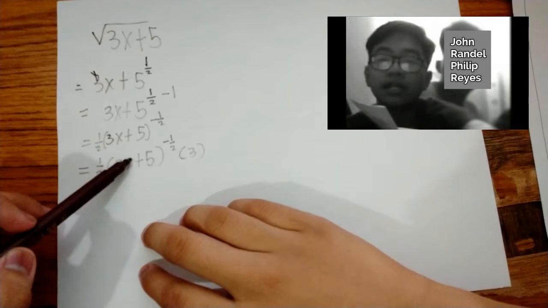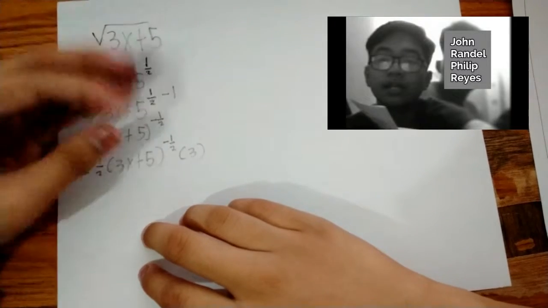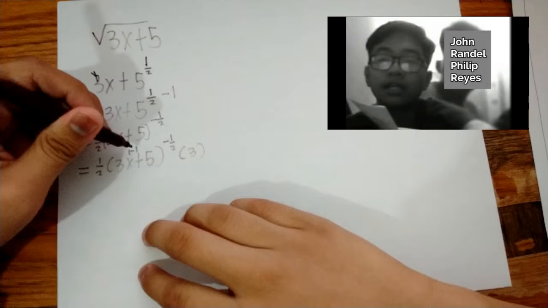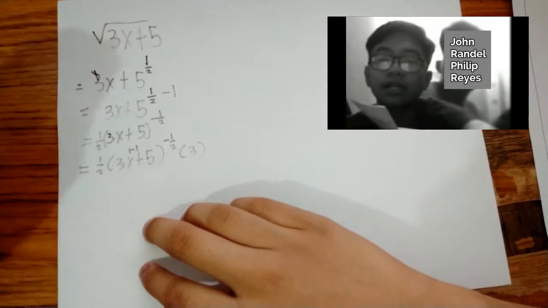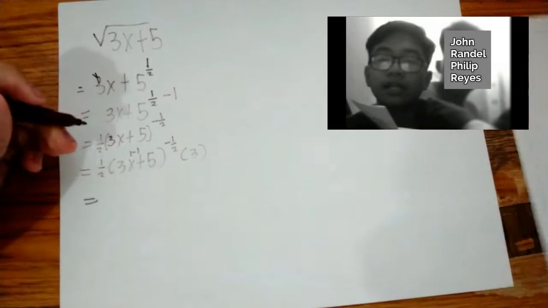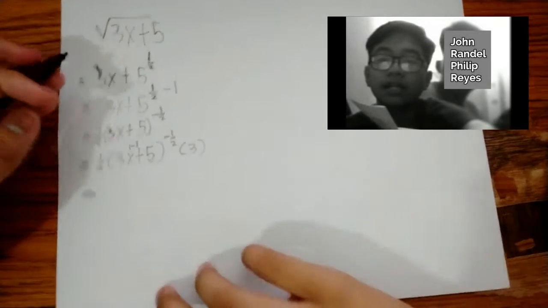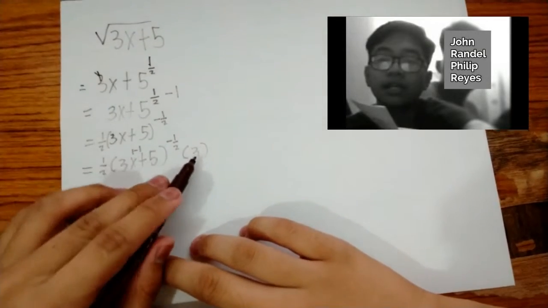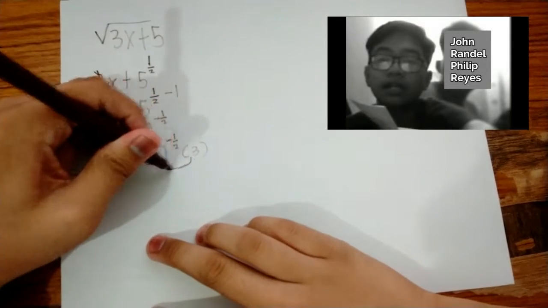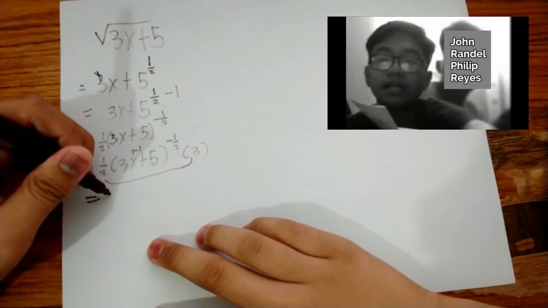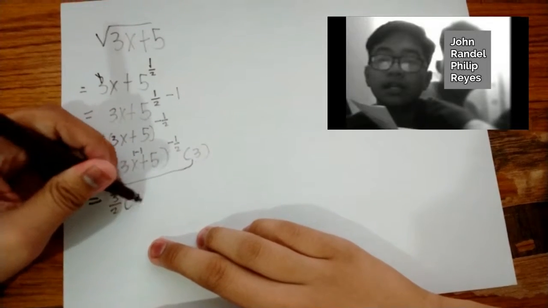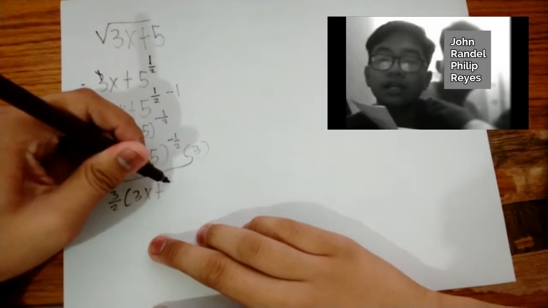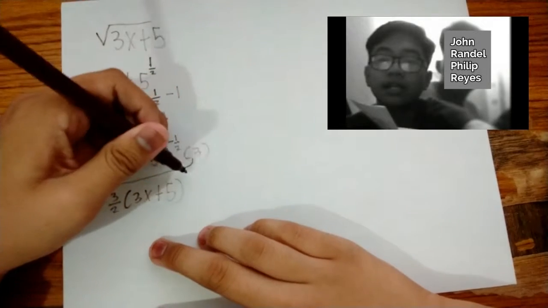And for the 3x, 1 minus 1 is equal to 0. Then you will cancel x. Then the answer is 3. Then you will multiply this to this. So the answer will be 3 over 2 times 3x plus 5 raised to negative 1/2.